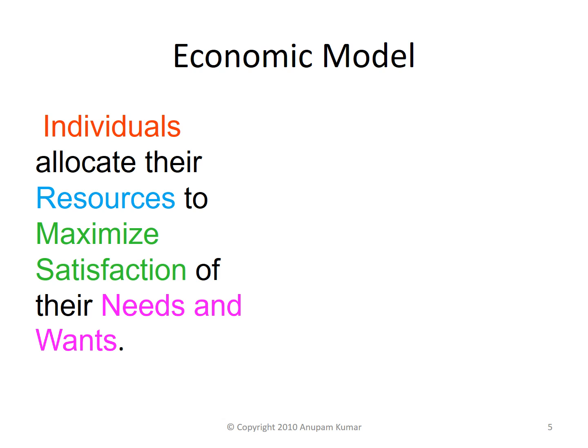As already pointed out, the key words in this model are the individuals, resources, maximize satisfaction, and the needs and wants of those individuals. As regarding the individual, the model considers the individual as an average consumer.